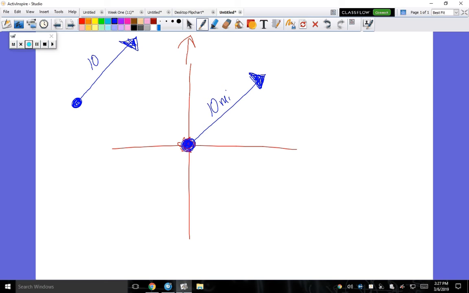Now watch this. A vector has a distance, and it has a direction. This is huge: the direction is always with respect to the unit circle, as if this was 0. So if I said you're traveling at a 45-degree angle, this angle is 45.